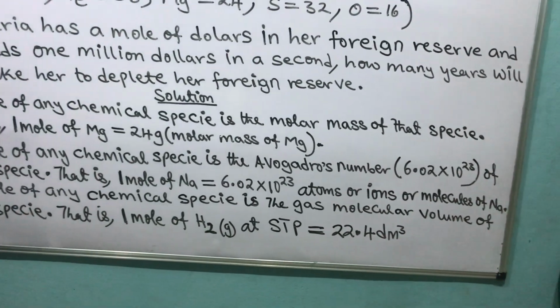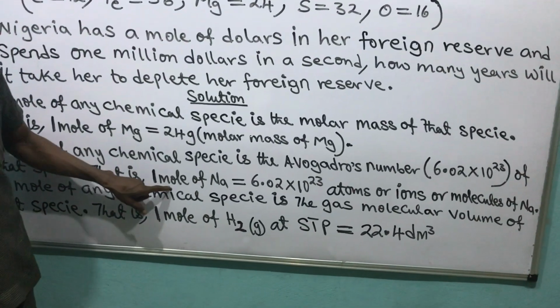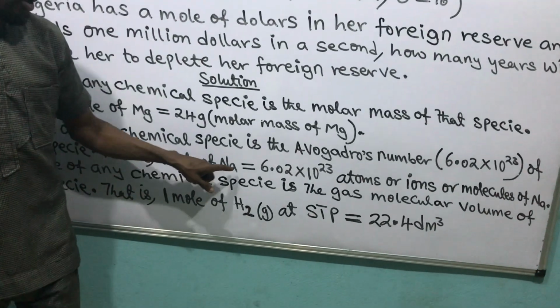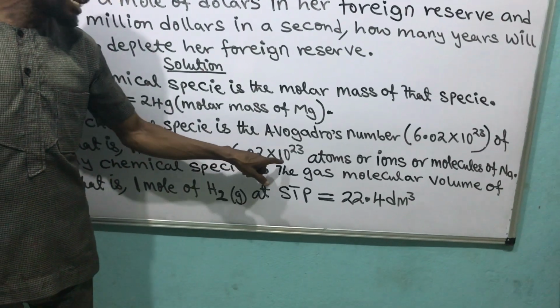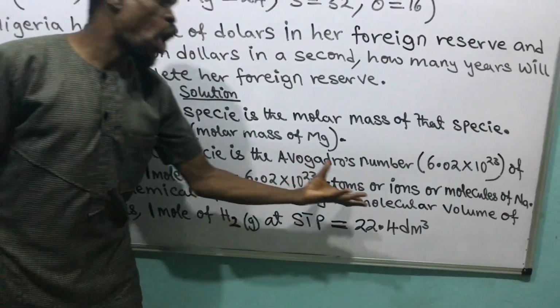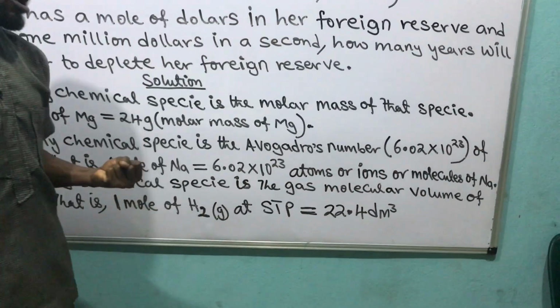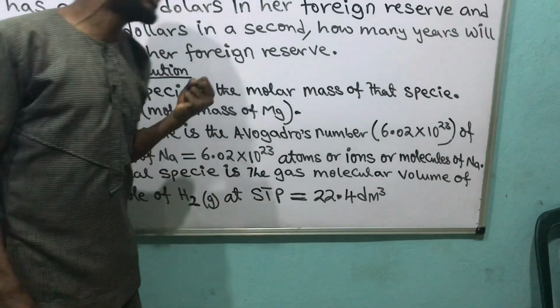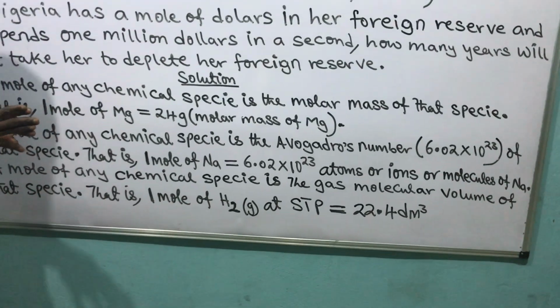For illustration, 1 mole of sodium is equal to 6.02 times 10 raised to the power 23 atoms of sodium, or ions of sodium, or molecules of sodium, or particles of sodium. That's what we mean by Avogadro's number.